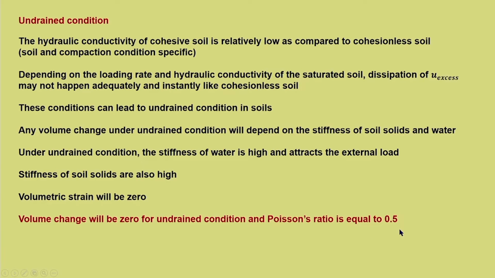Now, whenever we hear the term undrained condition, the first thought that should come to us is it is going to be a no volume change condition, and we have already seen this in the previous lecture. When the volumetric strain is 0, the Poisson's ratio turns out to be 0.5. So, undrained condition, no volume change, Poisson's ratio equal to 0.5.